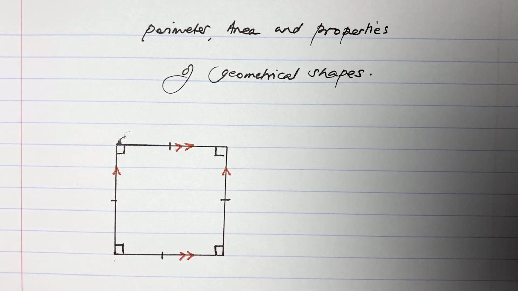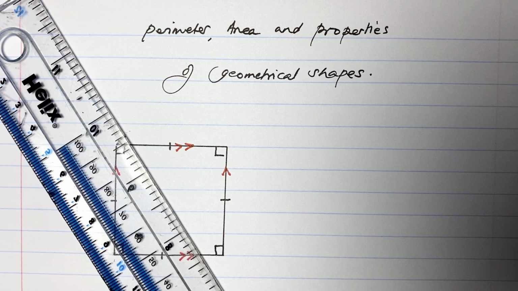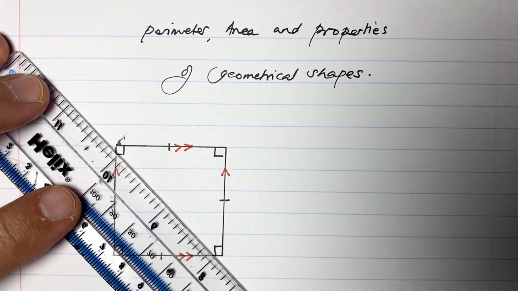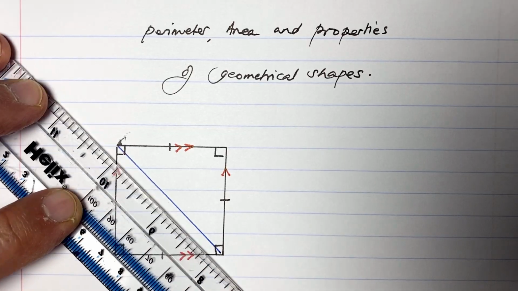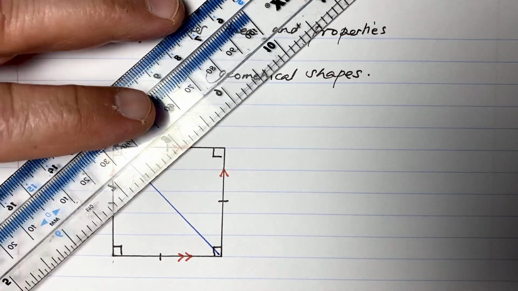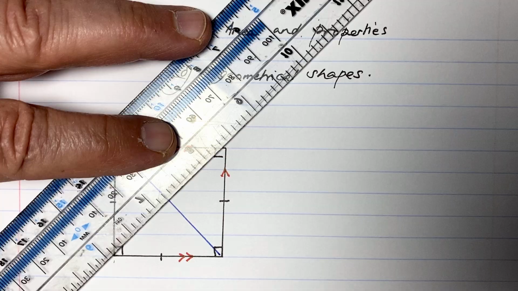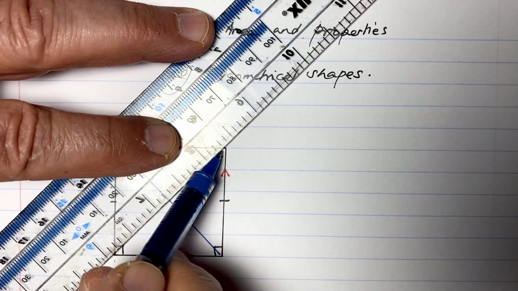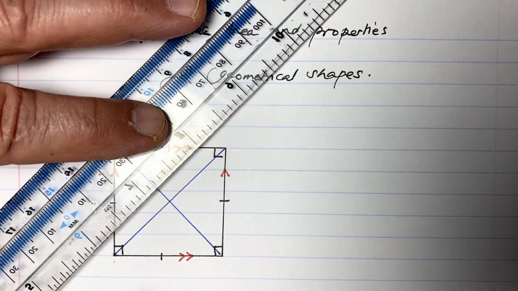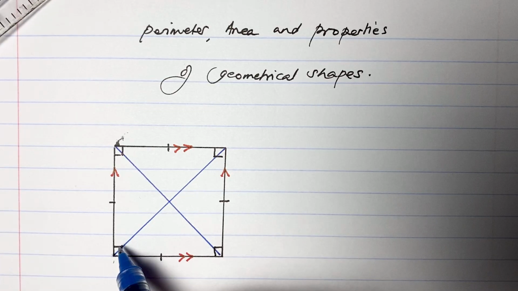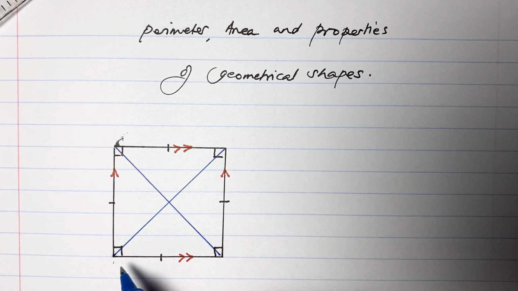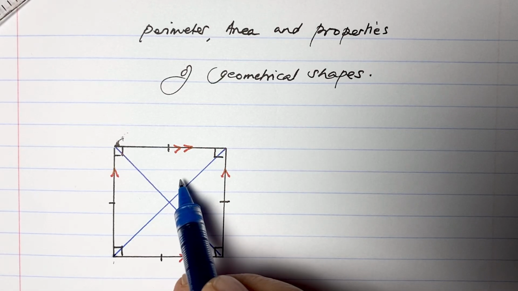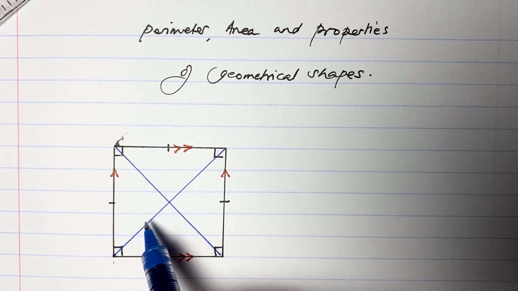Let's draw the diagonals. If I join the opposite corners to each other, that would be a diagonal. And if I draw another diagonal, the blue lines are my diagonals. The diagonals are equal and they bisect each other.